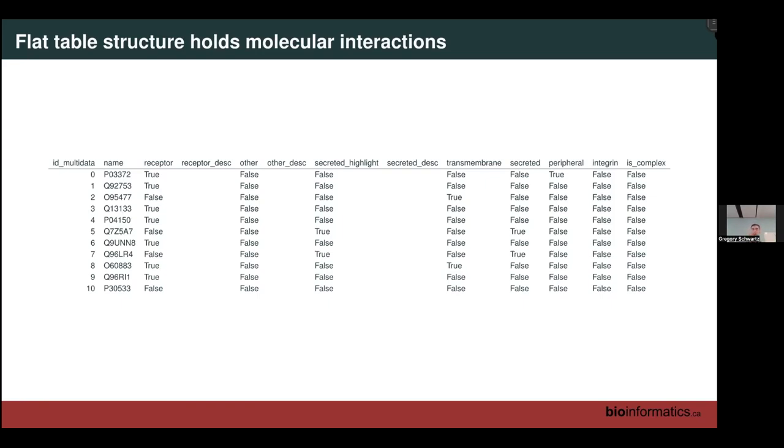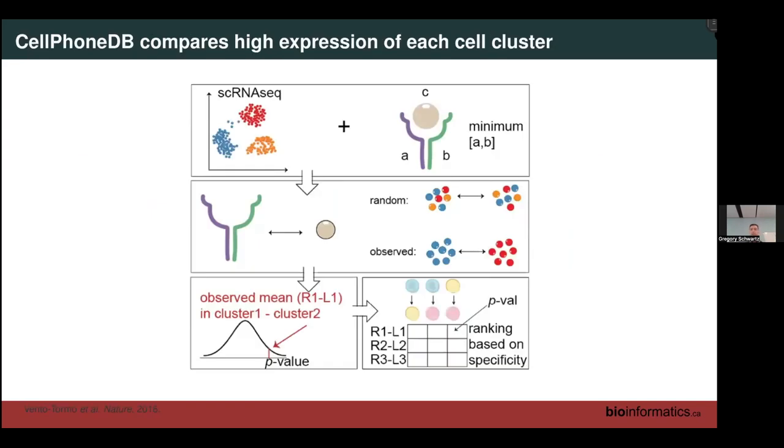With these databases, you now go through your algorithm to identify whether communication is occurring. CellPhoneDB came with a simple one to start out with. You have your clustered single-cell RNA sequencing data along with your database of known ligand-receptor pairs that are known to bind together.